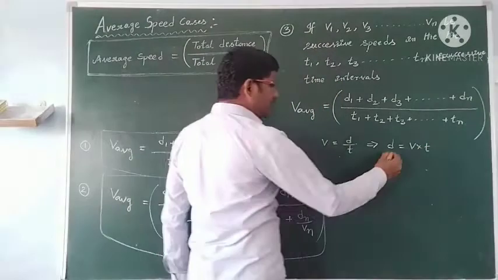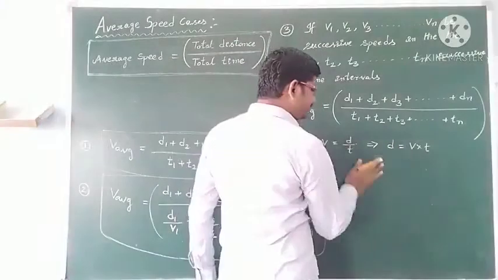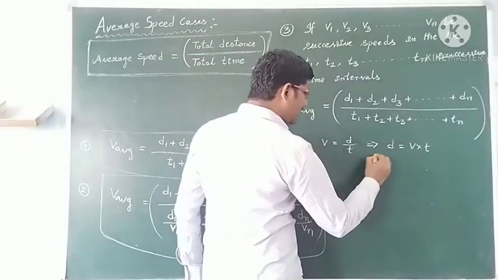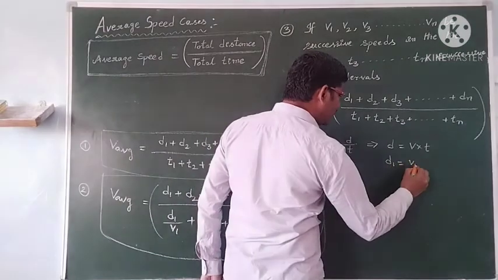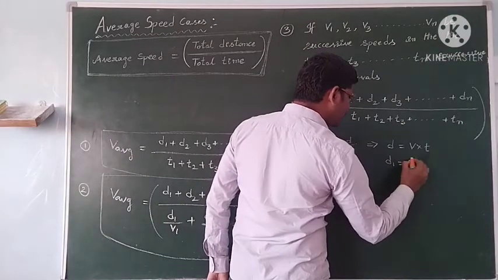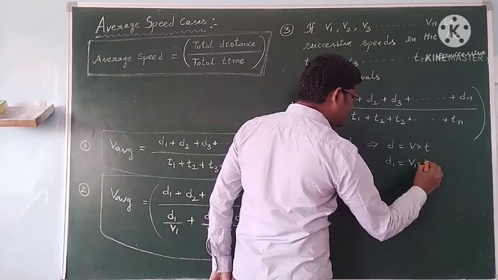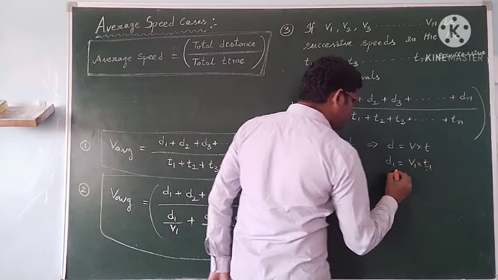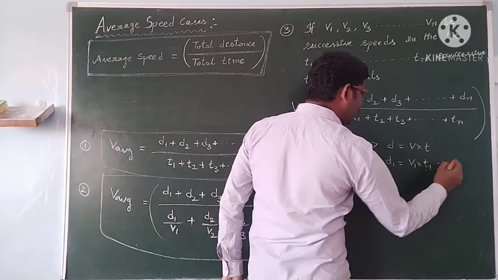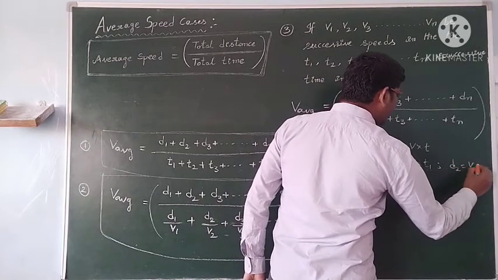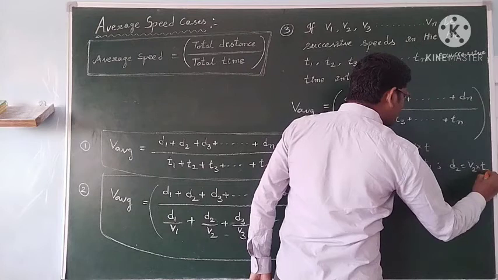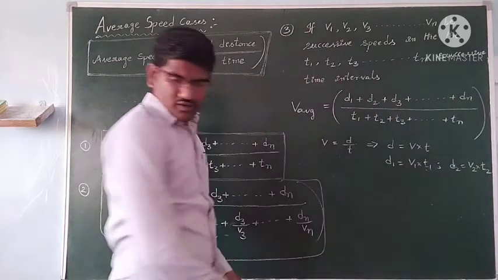If you want to get D1 distance, how will you get it students? D1 is equal to V1 into T1. Similarly, D2 distance is equal to V2 into T2. So like this we have.